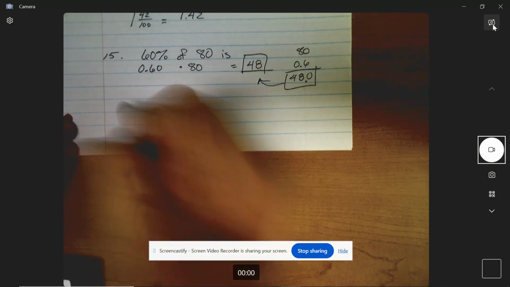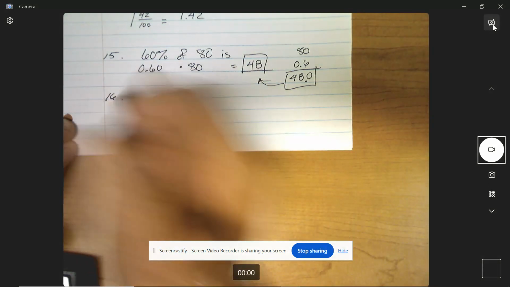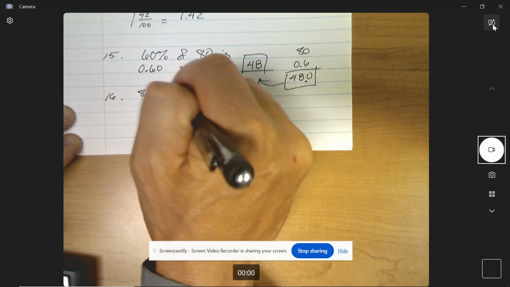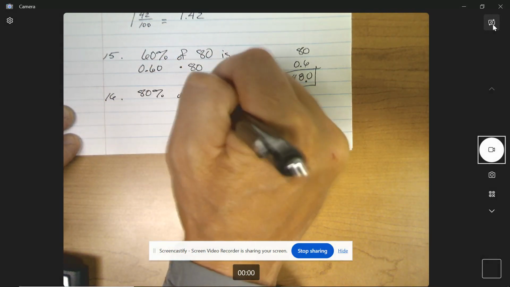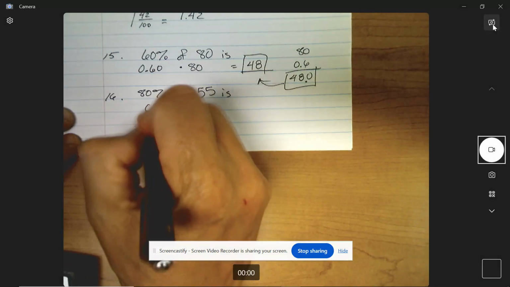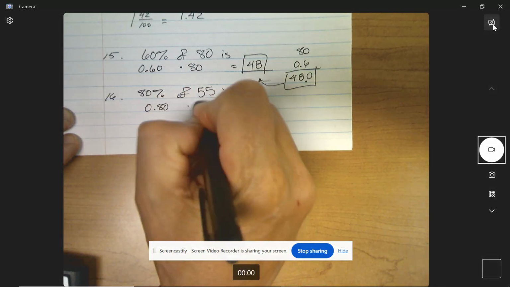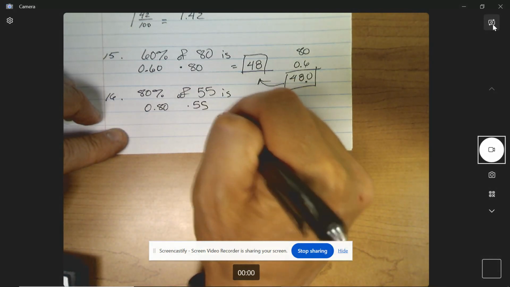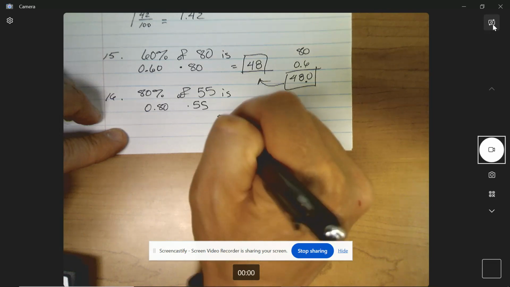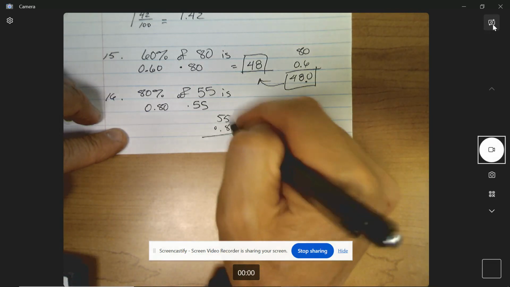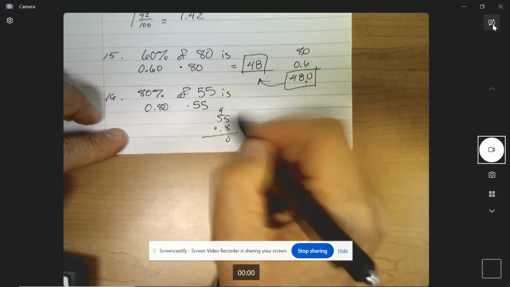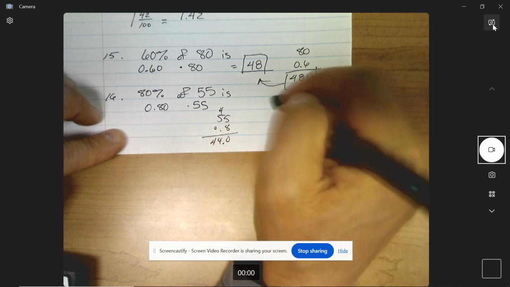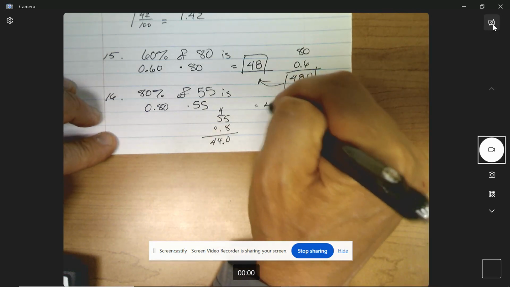Oh my goodness. Number 16. 80% of 55 is, so I'm going to take 0.8 times 55, and since you guys are all whiny, I'm going to take 55 times 0.8. 40, there's 44, move the decimal point one place, so it should be 44.